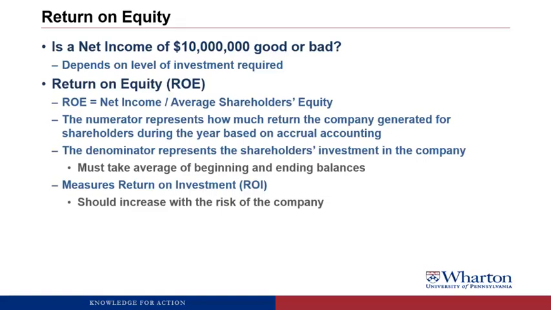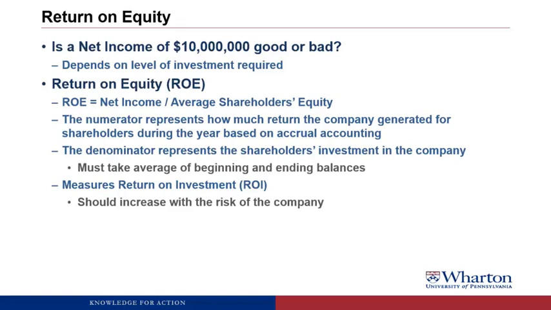Return on equity is net income divided by average shareholders' equity. So the numerator is telling you how much return the company generated for shareholders during the year based on our accrual accounting. The denominator is going to give you the shareholders' investment in the company. Now, one problem is that net income is something that happens over a period of time, whereas stockholders' equity is a point in time.